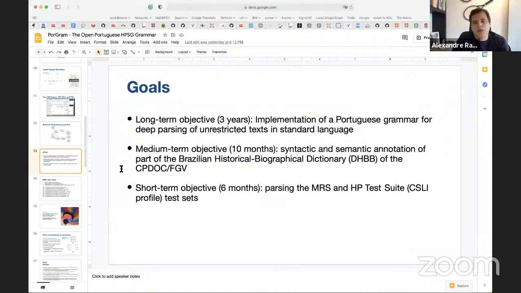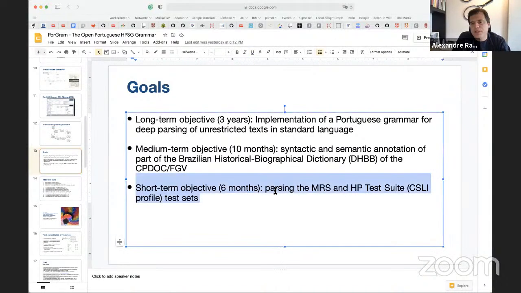Our goals in the project, in the short term, are to have at least 2 test suites, the MRS test suite and the CSLI test suite, both in English. We translate one of those to Portuguese, and the other one we will translate too, and then we hope to have these 2 test suites covered in the short term, 6 months.